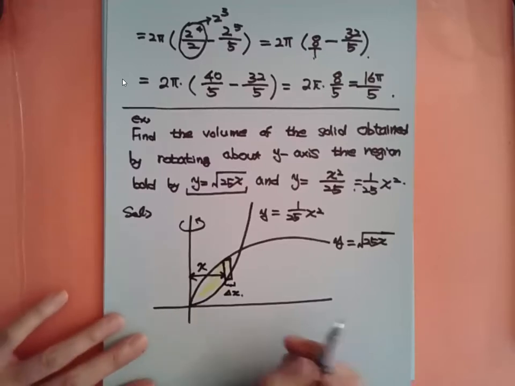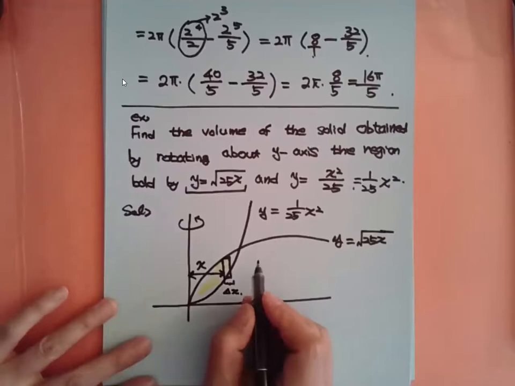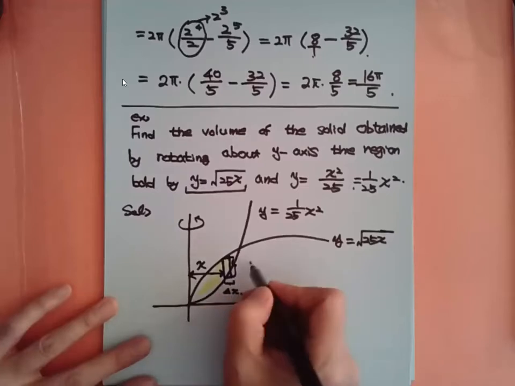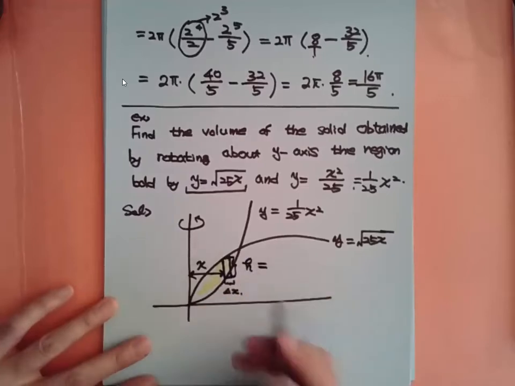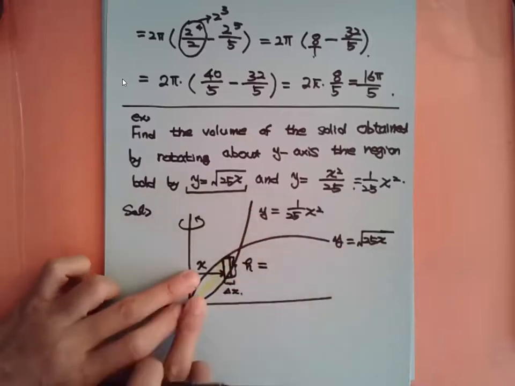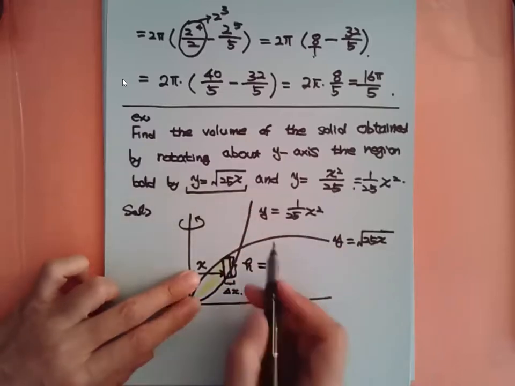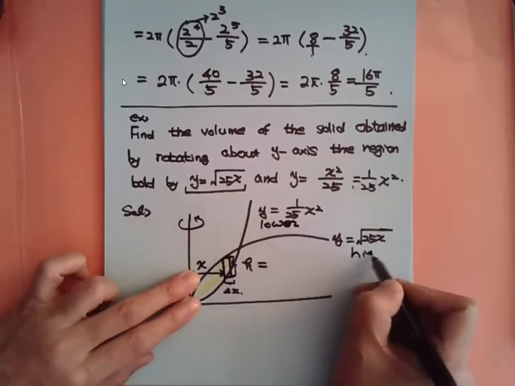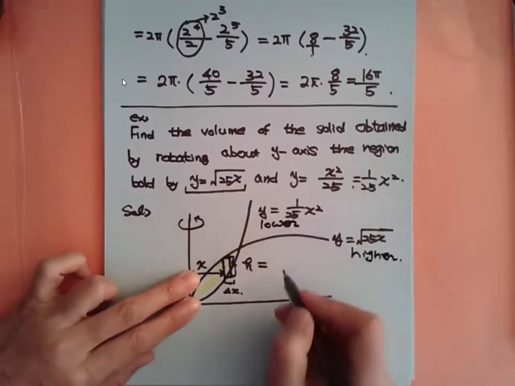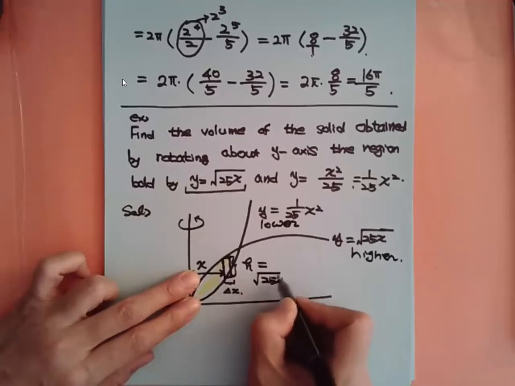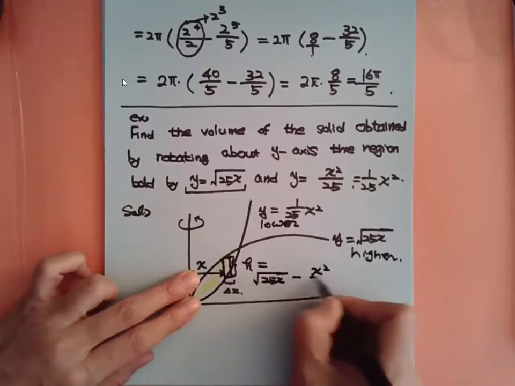What we have to think about is the height. This is a height. This graph is higher than this graph, right? This is lower and this is higher. So height will be square root of 25x minus x squared over 25.